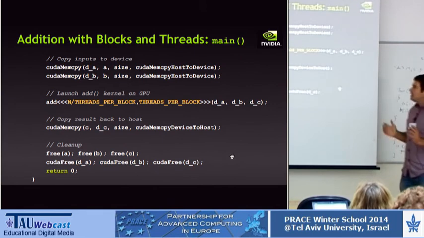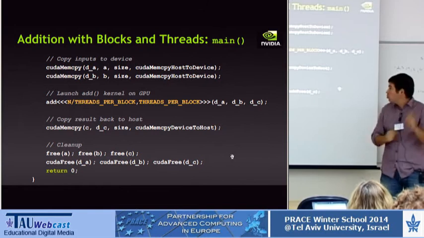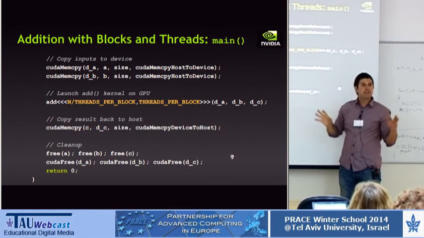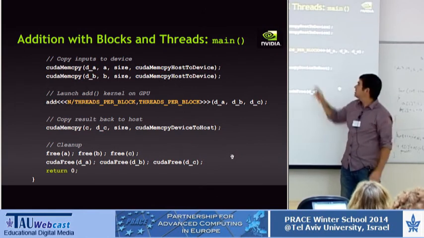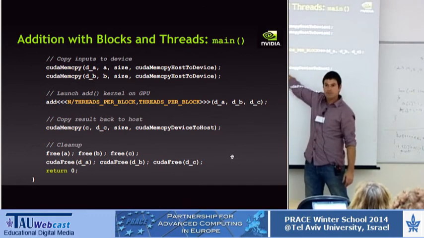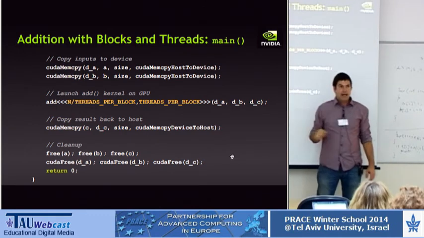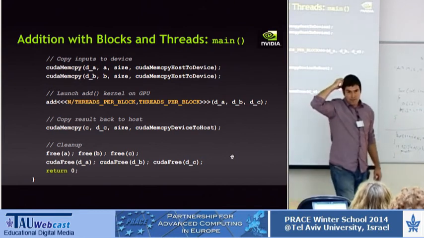What happens is I can't actually launch separate threads. I launch groups of threads, and each group has a fixed size. The maximum index that I'm going to get inside the kernel is this multiplication. And if it divides, that's wonderful, but what if it doesn't divide?